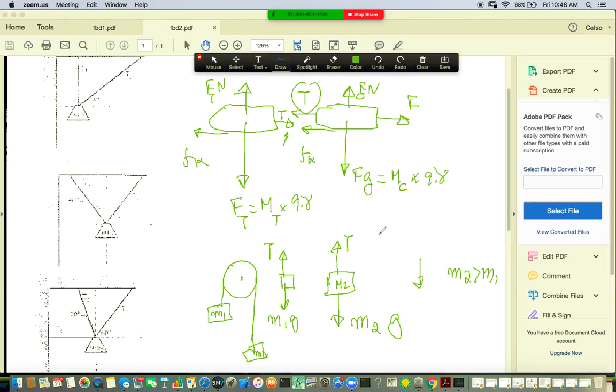That's all. If you look at the pulley itself, the pulley has an upward holding tension and a T and a T down there. So this T is equal to T, basically, since the pulley is not moving and has no mass, okay?